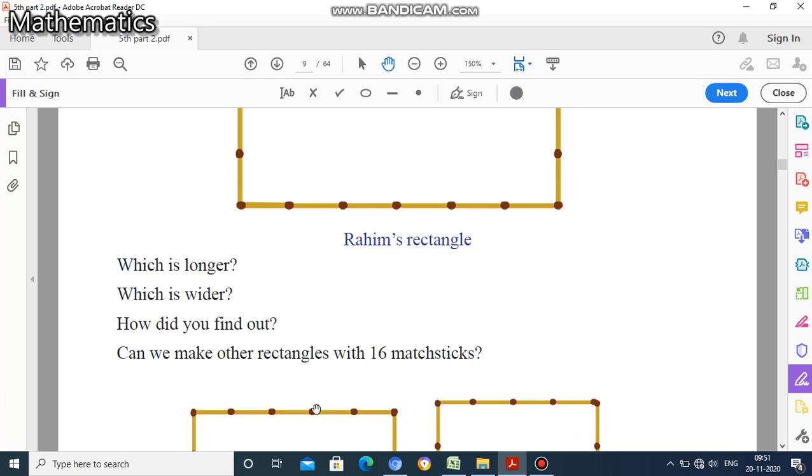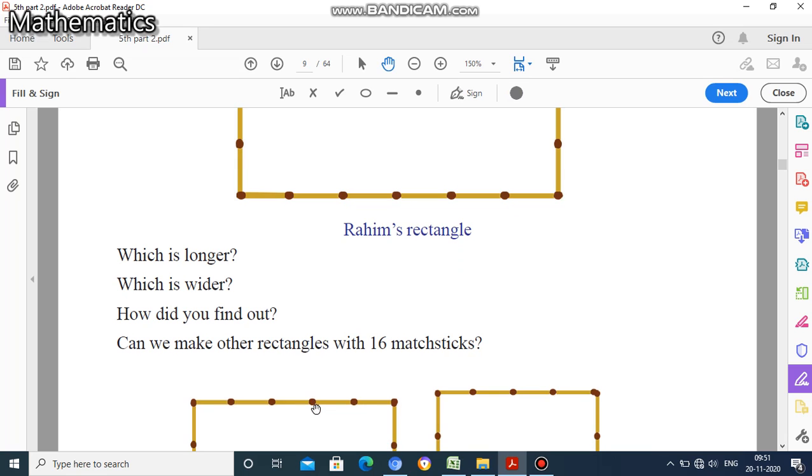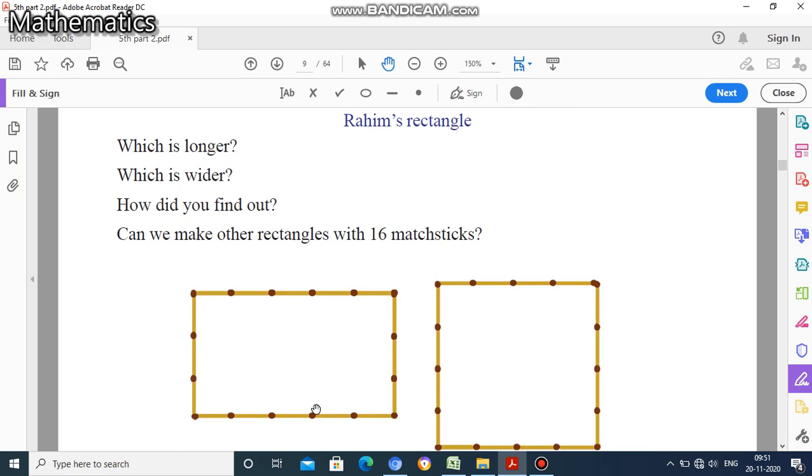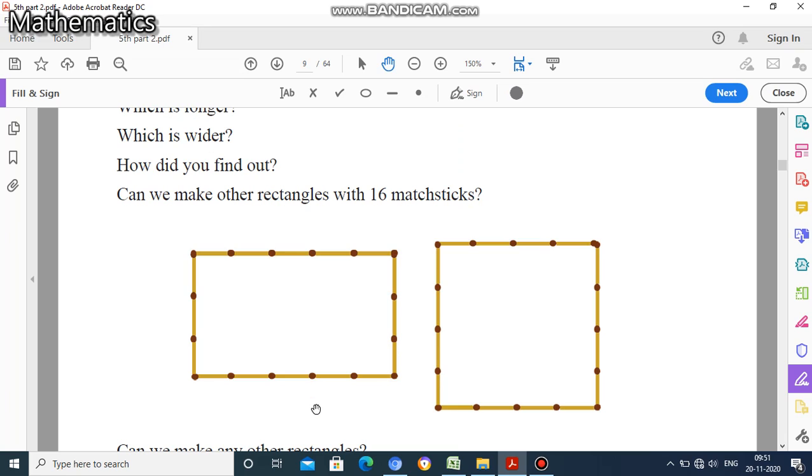The next, how do we find out? I told you, we can make other rectangles with 16 matchsticks. Can we make other rectangles with 16 matchsticks? Try to make. Here I am counting the number of matchsticks. 1 to 16. Okay, 16 matchsticks.